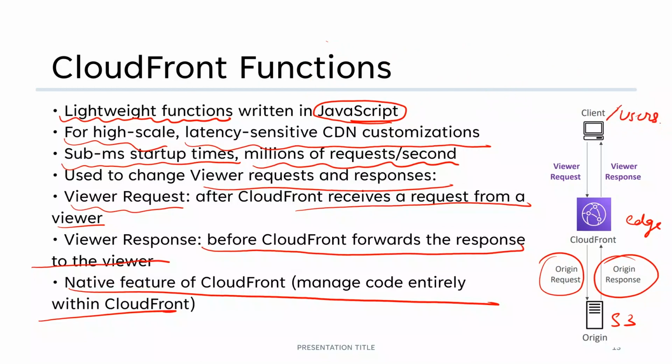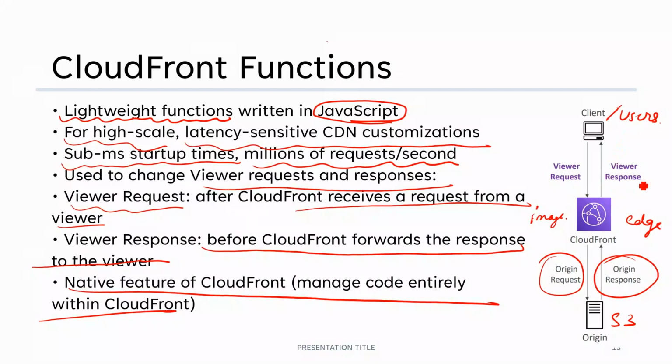So you can manipulate the viewer request and viewer response, which is basically a user's request to the CloudFront edge location. For example, the client is requesting some data or an image from your edge location. You can manipulate that request coming from the viewer, and you can also manipulate the response which goes back from the edge location to the user, like that image.